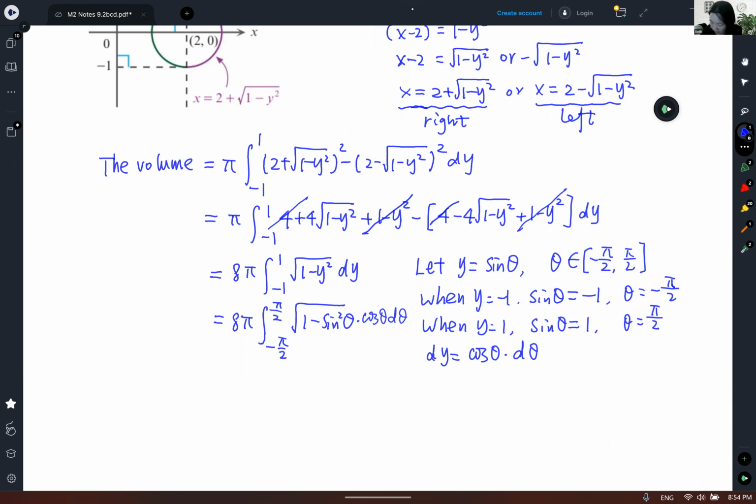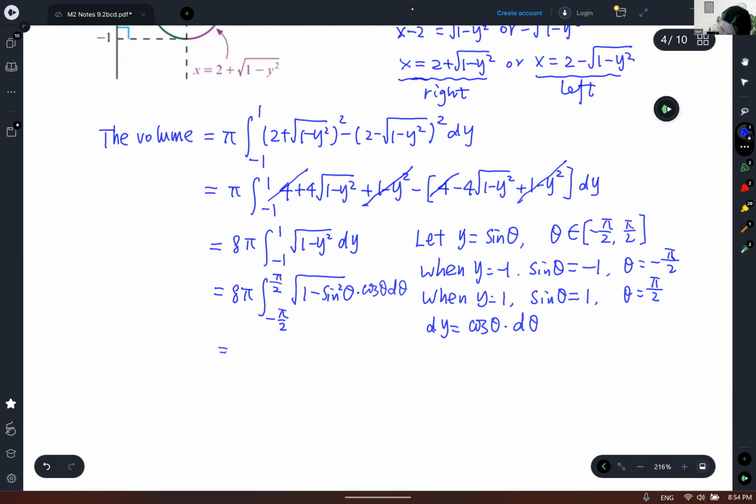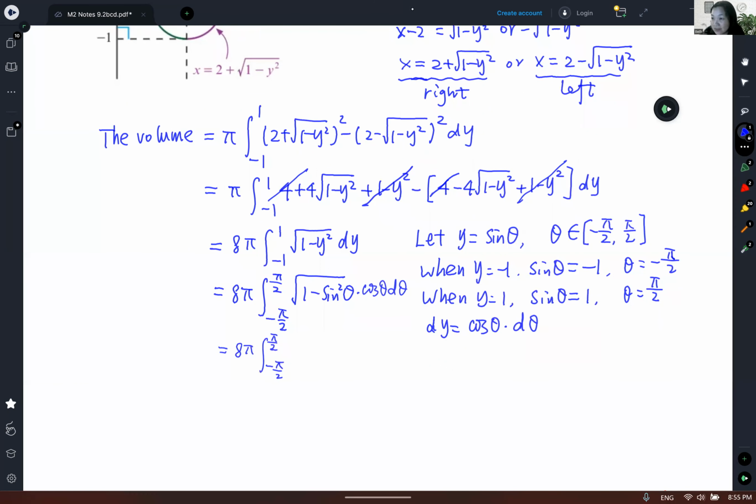Not crazy? I hope not. And then that is equal to 8 pi from negative pi over 2 to pi over 2. Because I don't want to explain again, basically it's because theta lies in quadrant 1 or 4, so this must take the positive cosine theta. So cosine theta squared d theta.